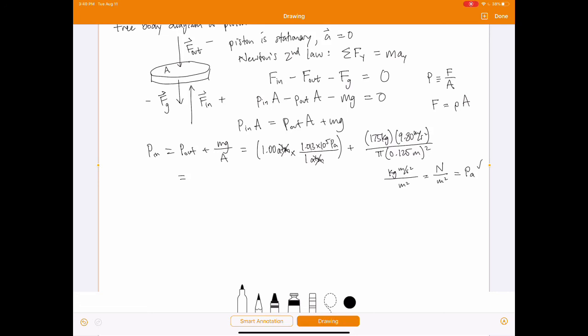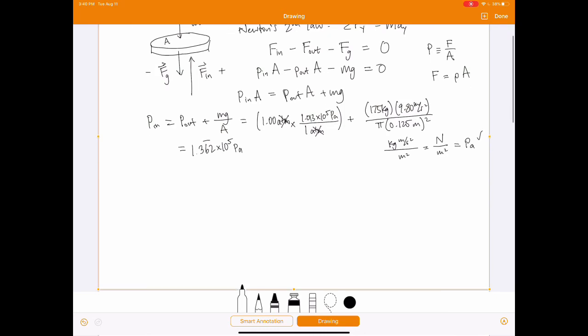And if you crunch the numbers that I wrote down, you're going to get 1.362 times 10 to the fifth power pascals. That's the pressure inside the piston measured in pascals. But we have to convert that back now to atmospheres.